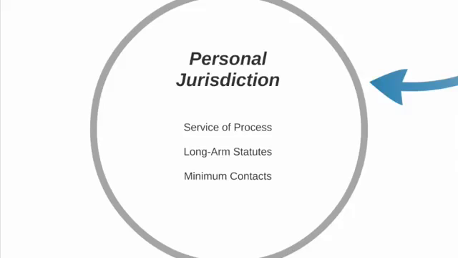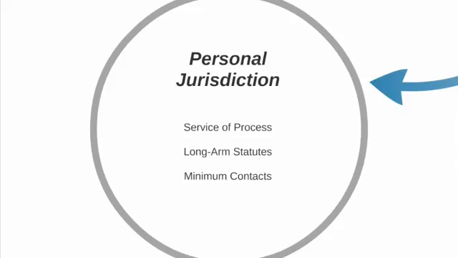Now, generally this takes place within the state's jurisdiction, but when it happens outside of a state's jurisdiction, that is, you serve the summons on someone in another state, the court must do so pursuant to something known as a long-arm statute. A long-arm statute allows the court to reach outside of the state and serve a summons on someone. Now, these long-arm statutes must be narrowly tailored in order to be constitutional.